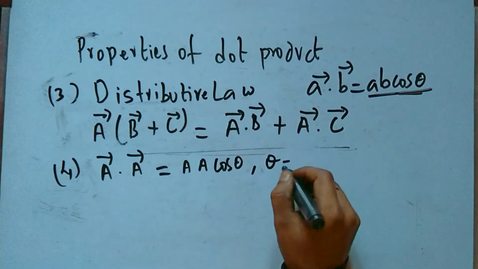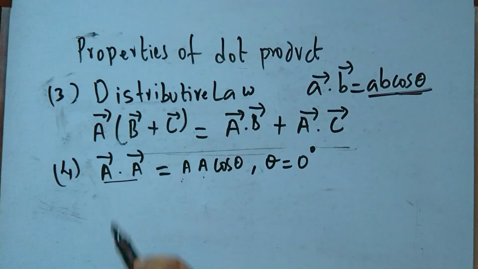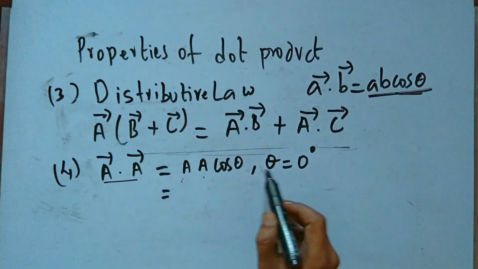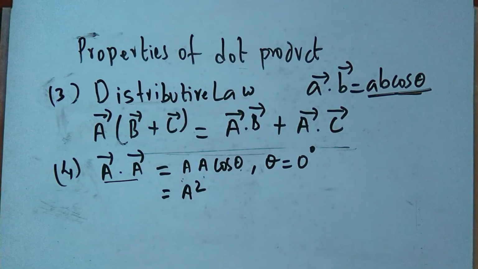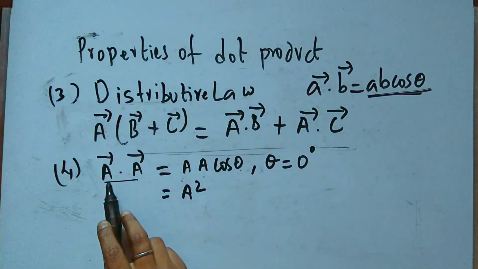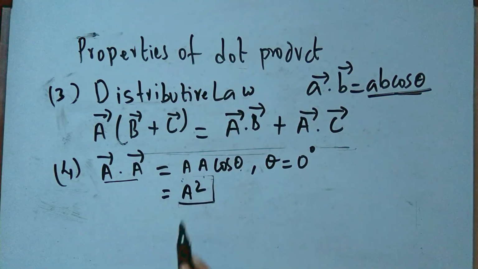Here theta is equal to 0 degree because both vectors are the same vector. So cos 0 is 1, it becomes A square. So the dot product of the same vectors is equal to square of the magnitude of the vector.